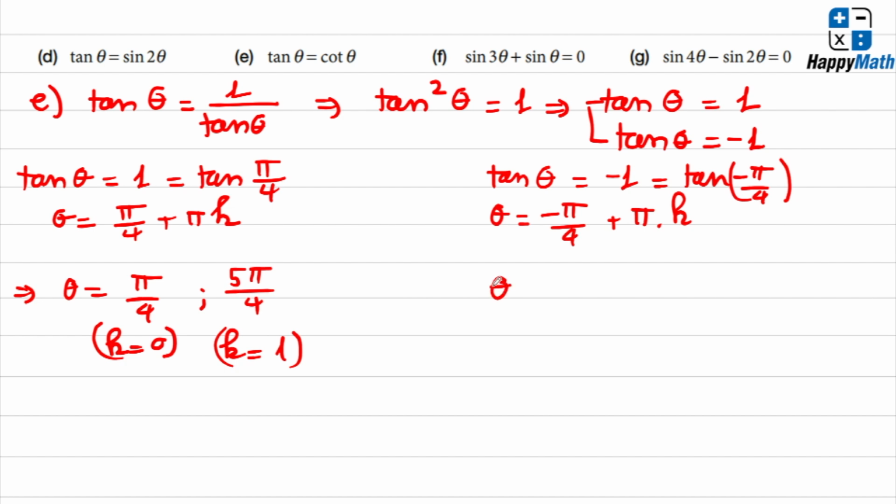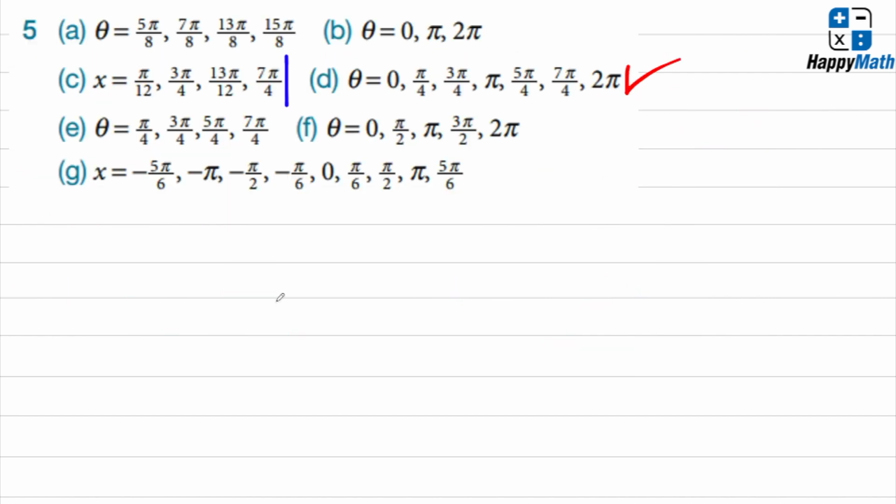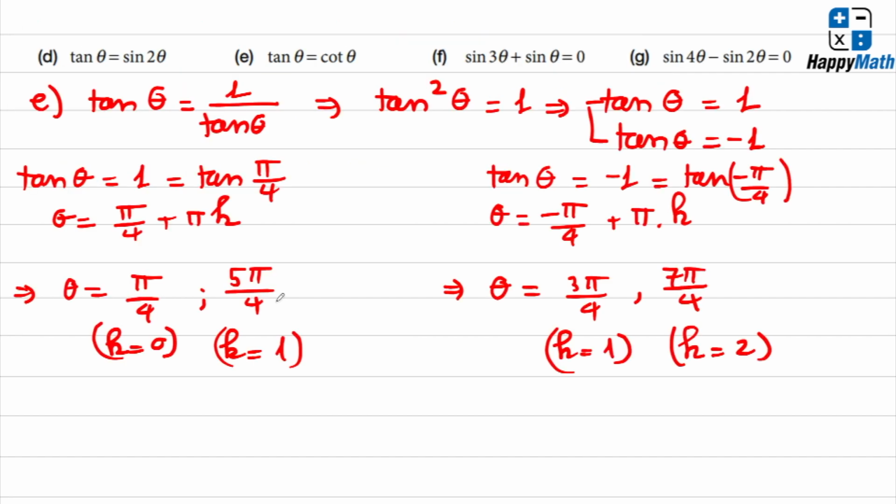For the next, 3 pi over 4 corresponds to k equal to 1, and one more time for k equal to 2, 7 pi over 4. So 4 solutions in total. This is question E, and I have the correct answer.